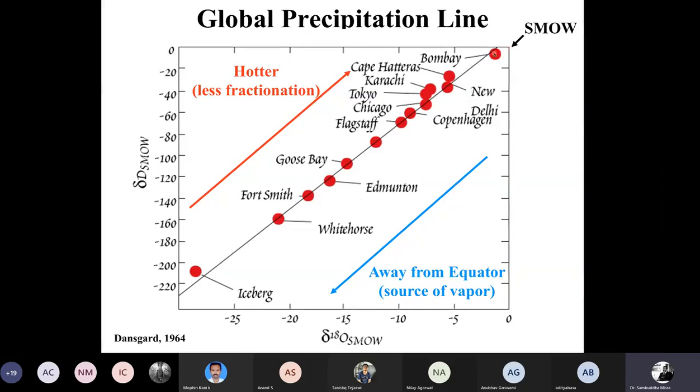We are starting with Bombay, going up to Delhi, somewhere like Chicago, Goose Bay, Edmonton, and we are not only that, we are also moving northwards. And what we can see is that as we move away from the equator, the isotopic composition of the rainfall is becoming lighter and lighter because of Rayleigh distillation.